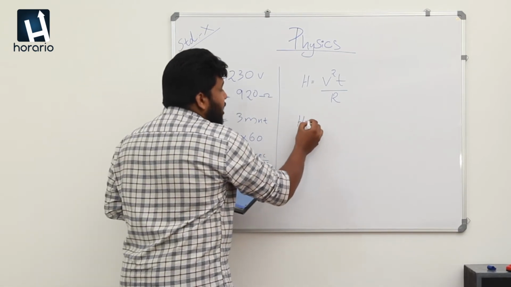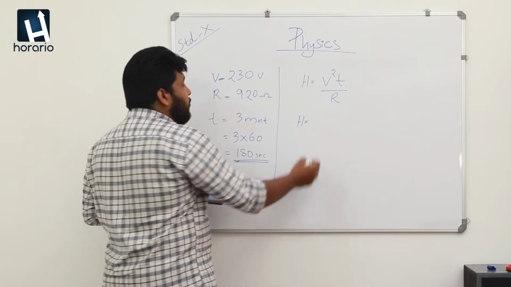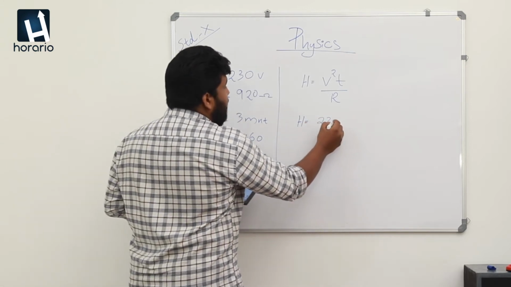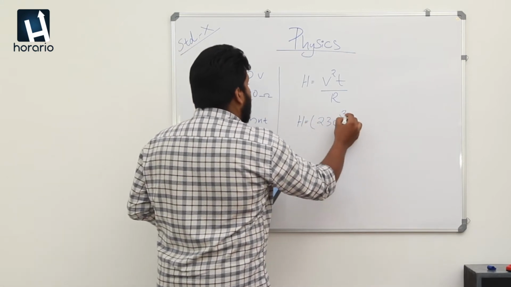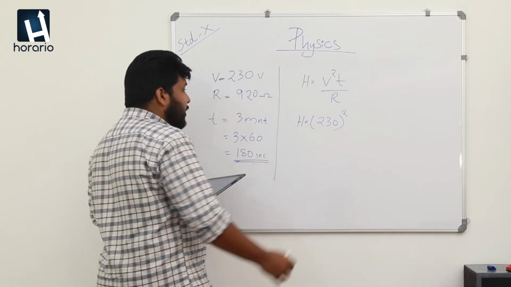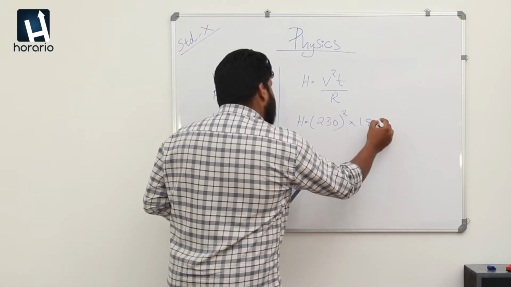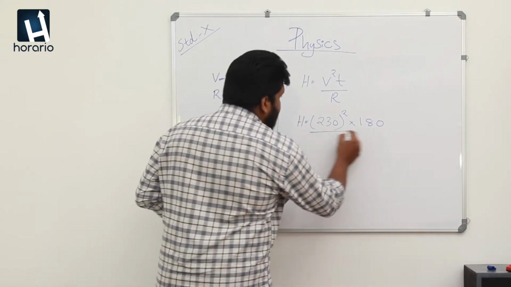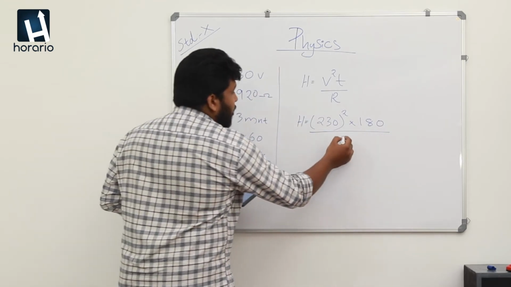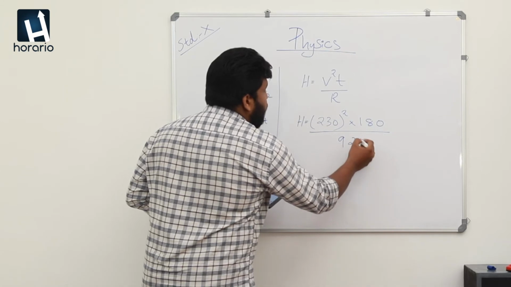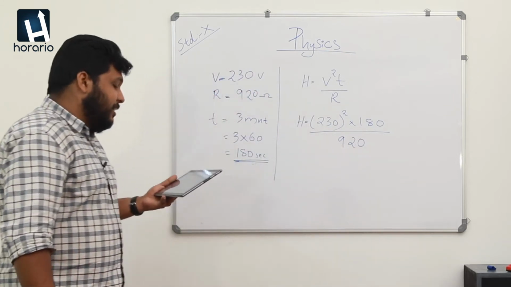So, the equation by substituting the values will be changed to 230 volt square into time, 180 seconds, divided by 920 ohm of resistance.